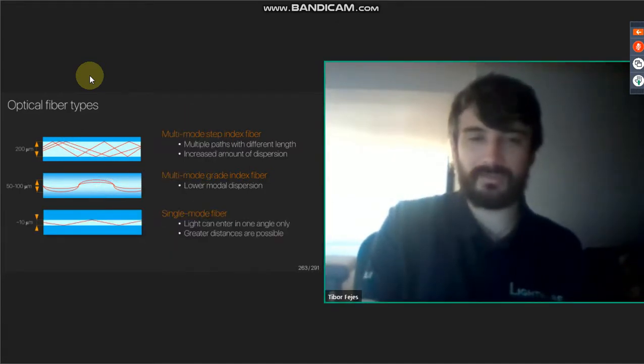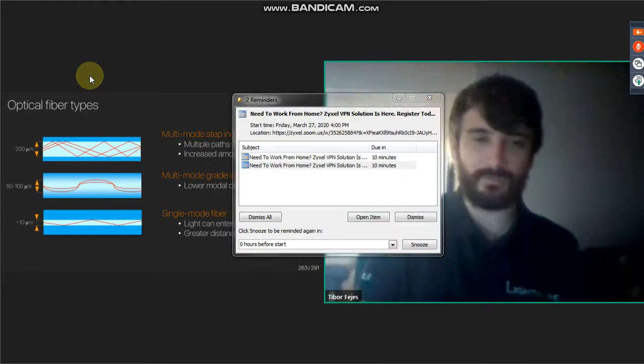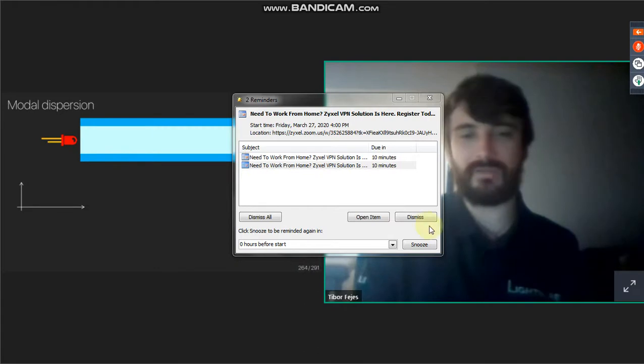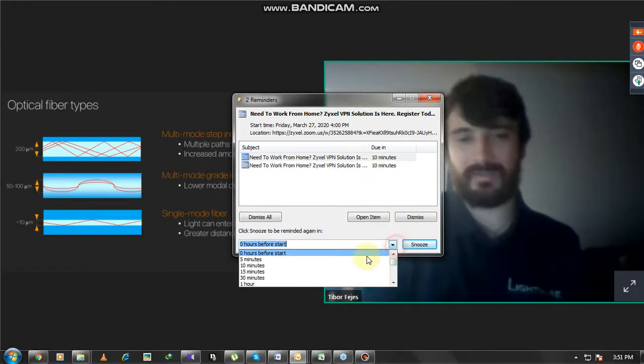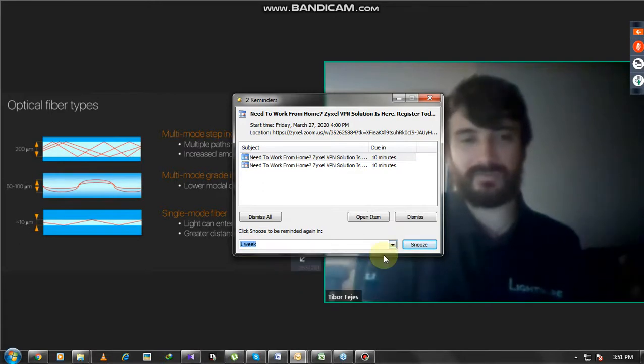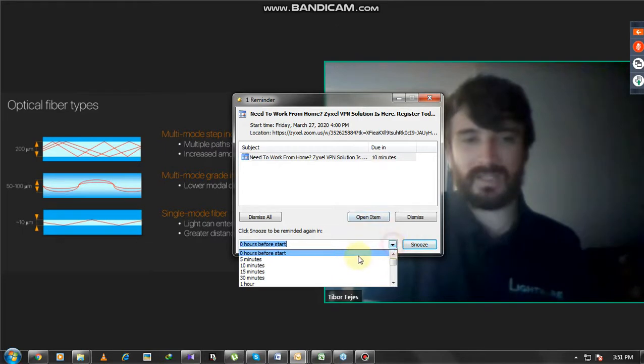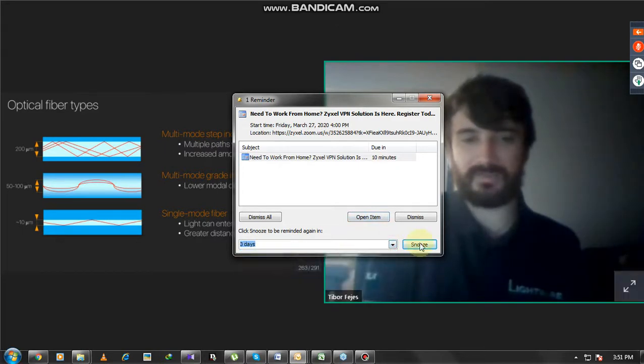And then comparing that with single mode fiber, where we've got the very, very thin core, what this means is that light can really only enter at one angle. So there's only one path that the light can take, so one mode, i.e. single mode. And because of this, there's much less dispersion, practically none, and the greatest distance can be achieved.